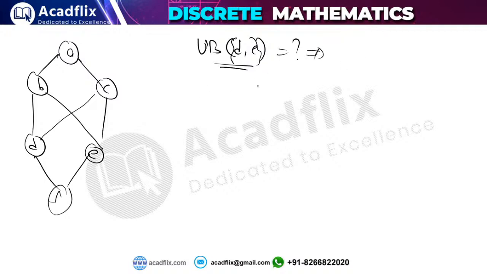Let me quickly tell you. You need to find the upper bound, which means the elements to which both D comma E are related.